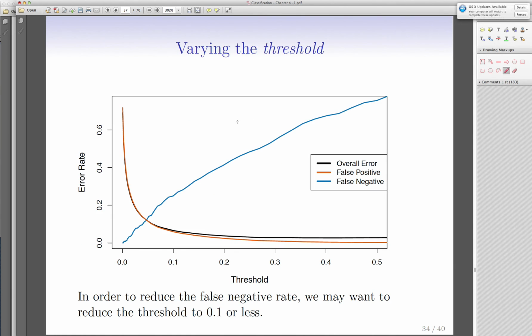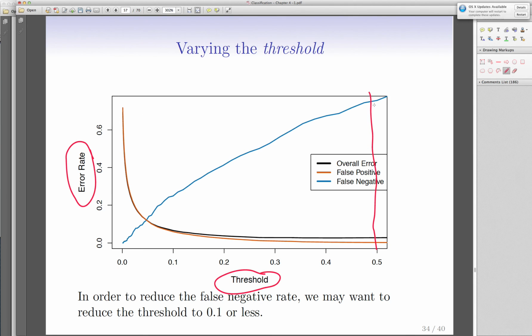So here we have this blue curve. Okay, so let me first explain what we have. Here we have error rate. Here we have different thresholds. So 0.5 is our actual threshold that we just studied. In that part, 75% of our defaulters will misclassify.